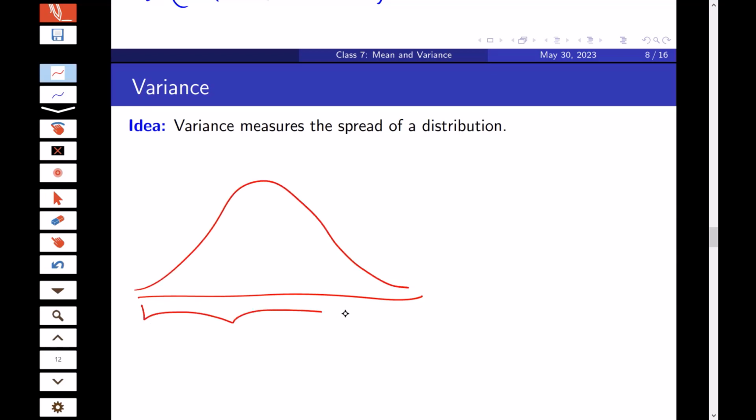It measures the spread of the distribution. In other words, I can say variance measures the spread around the mean.